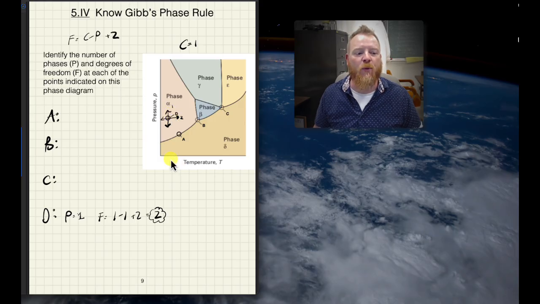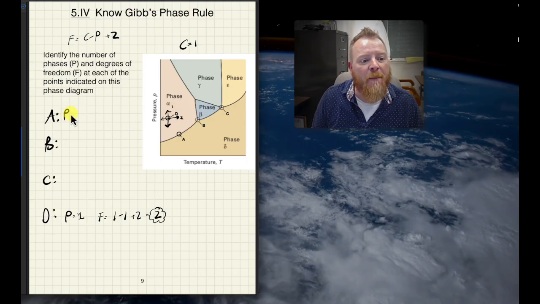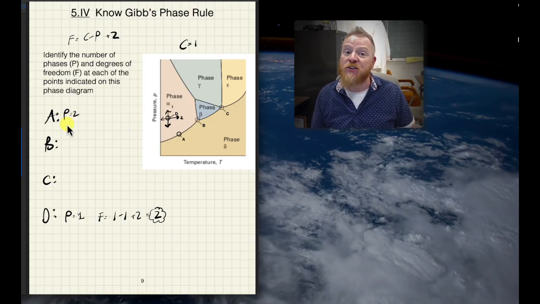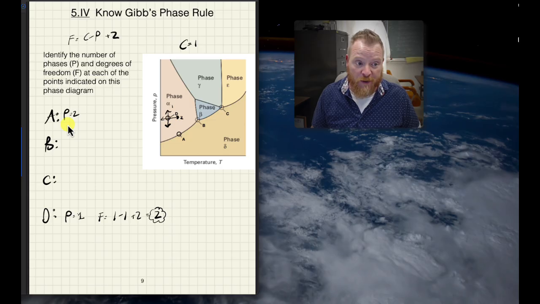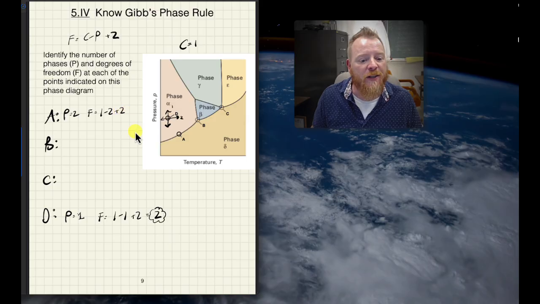Okay, now let's look at point A. Point A is right on a phase boundary between alpha and delta. So that means that point is describing 2 phases that are in equilibrium. Now the calculation goes F equals 1 minus 2 plus 2, and that equals 1.